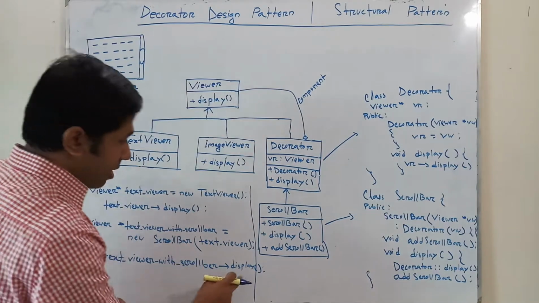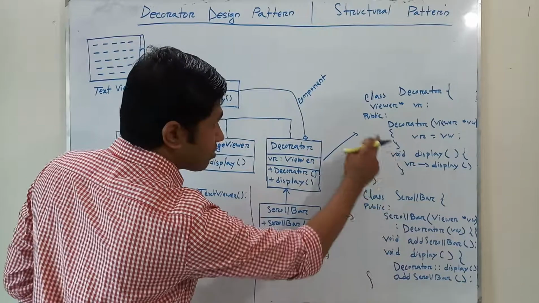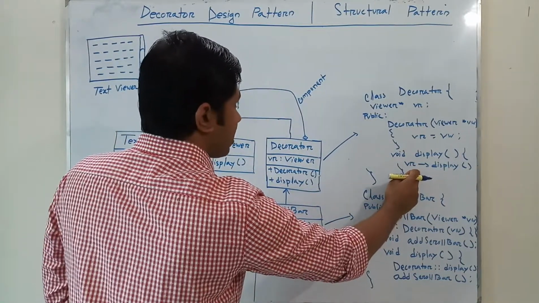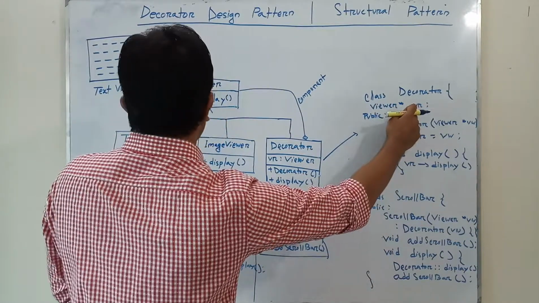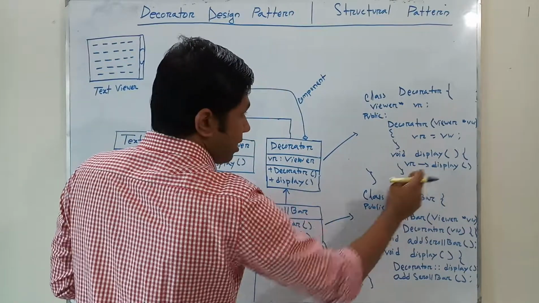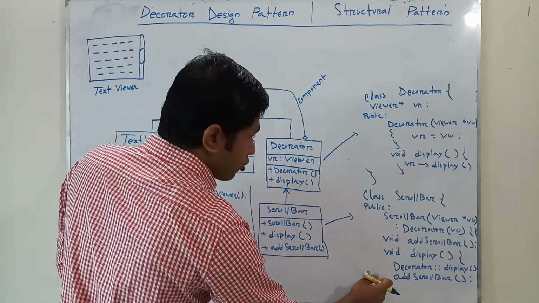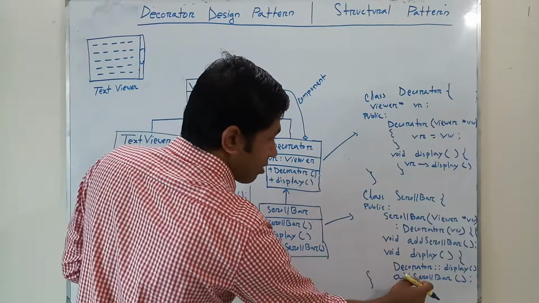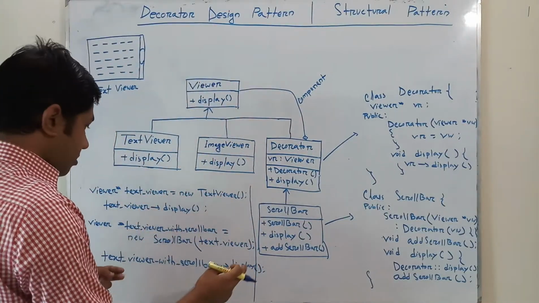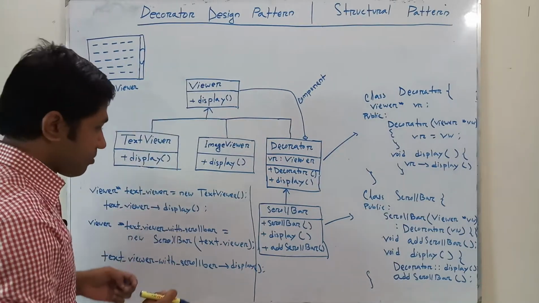It works like this: by calling this display function, it will call its base class display function, and the base class display function calls the display function of our existing object, a text viewer or image viewer, and then it calls its additional behavior, that is the addScrollBar function.